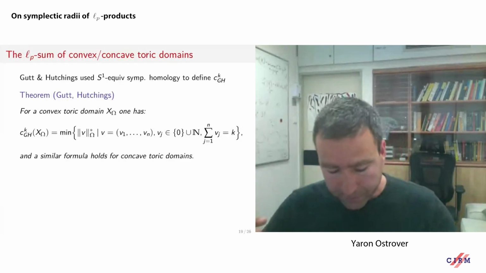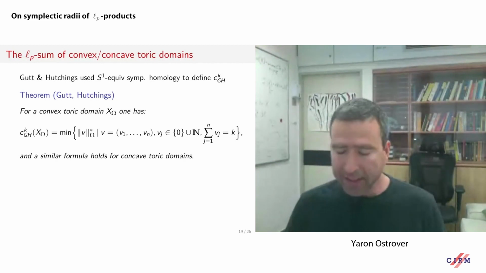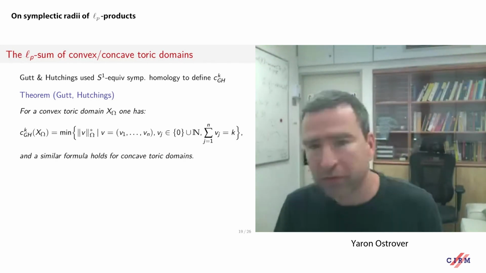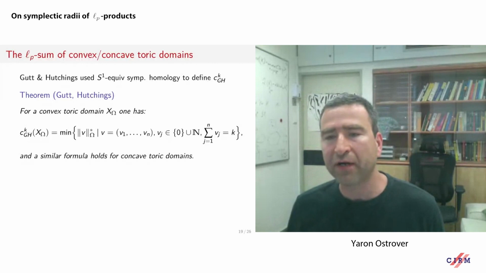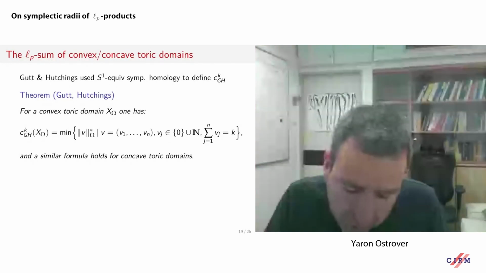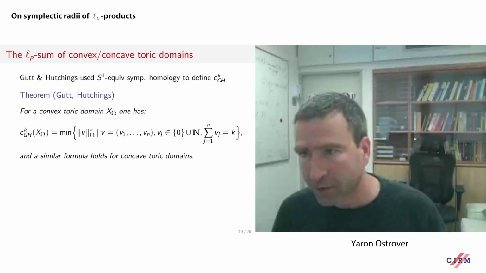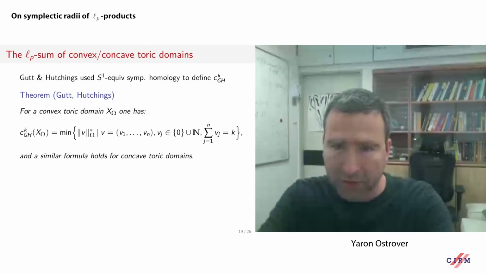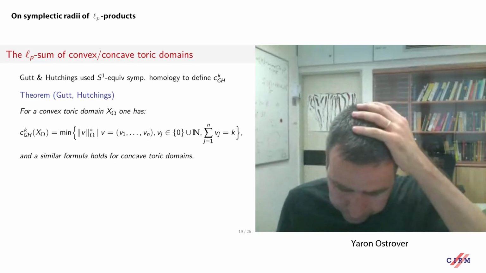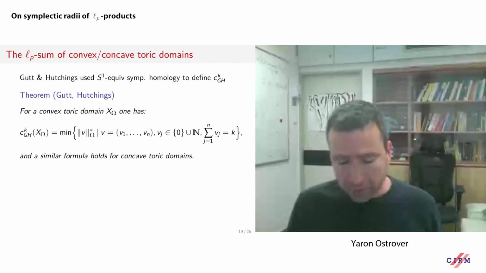But for convex toric domains, Gutt and Hutchings gave a formula to compute these invariants based on the combinatorics and geometry of the toric image of the domain. So you don't have to consider precisely the formula.